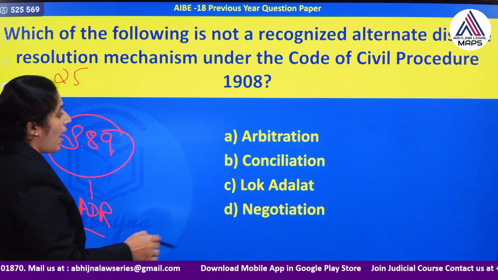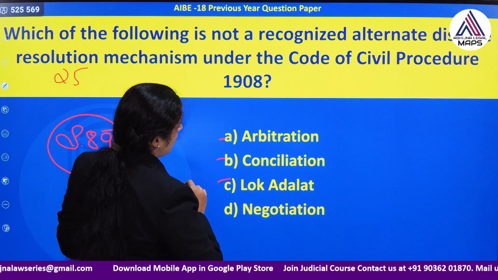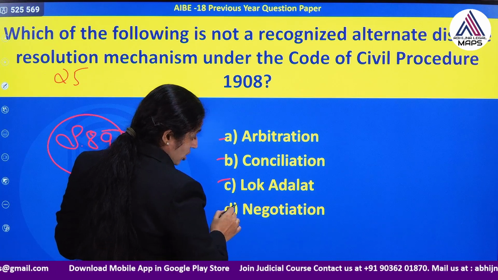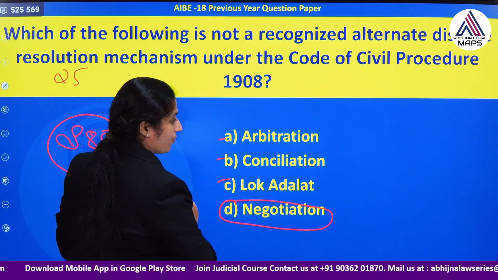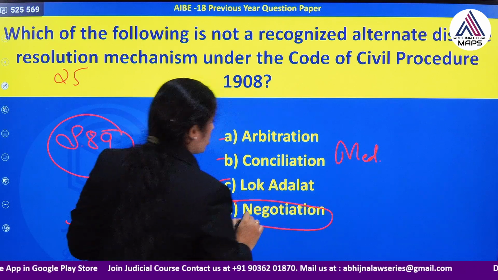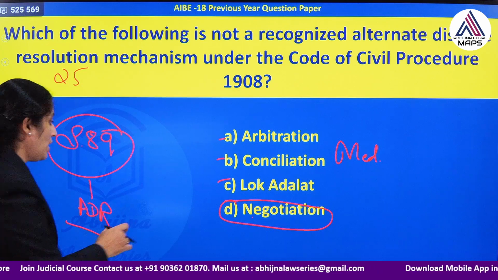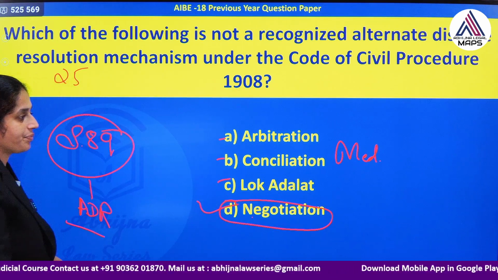Some of them are arbitration, conciliation, lok adalat. Another is mediation. Mediation they have recognized, but negotiation is not a recognized alternate dispute resolution mechanism. That is why D is the answer.